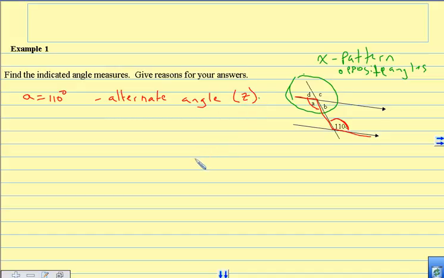Now that I know A, I know C, because A and C are opposite angles. C equals 110 degrees by the opposite angle theorem, or the X pattern.